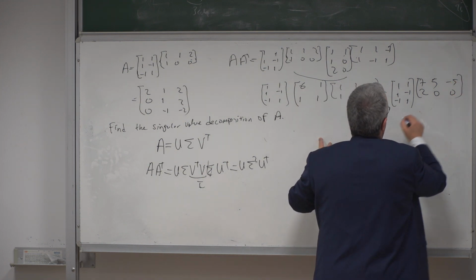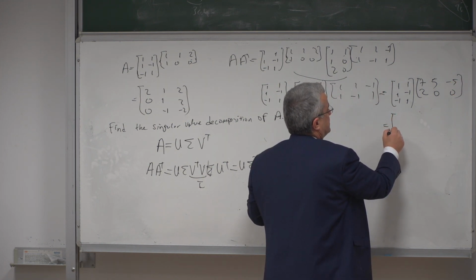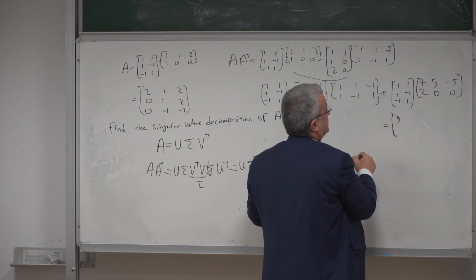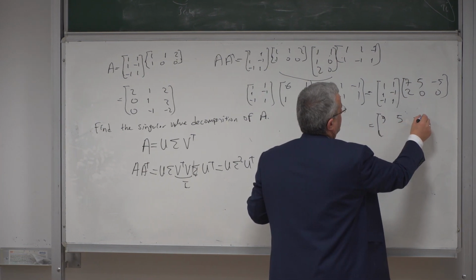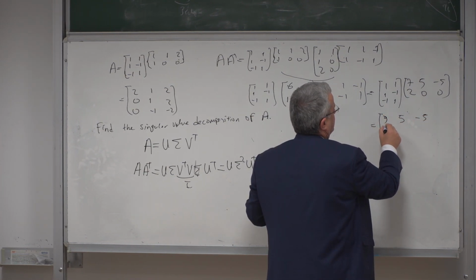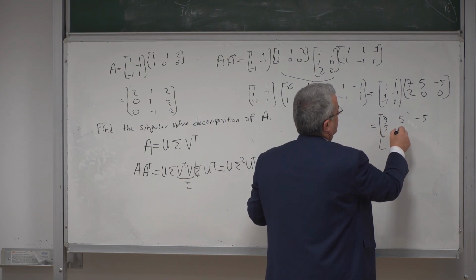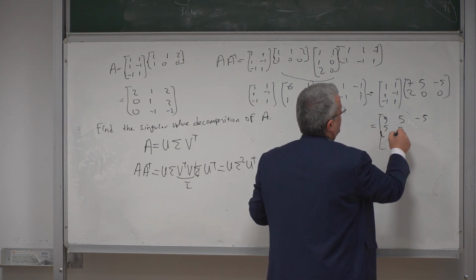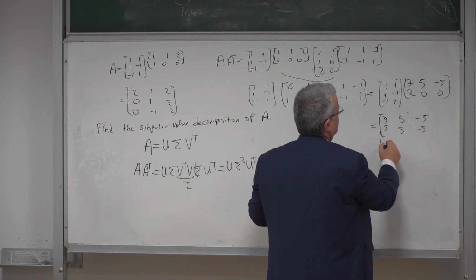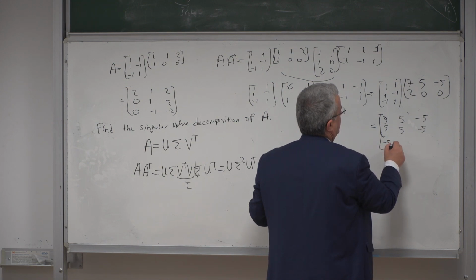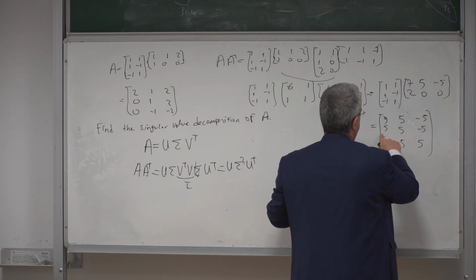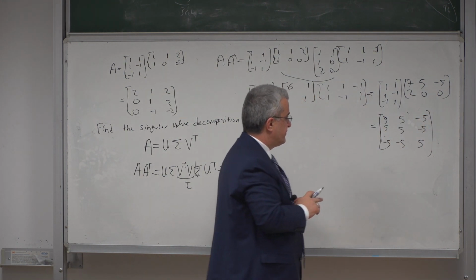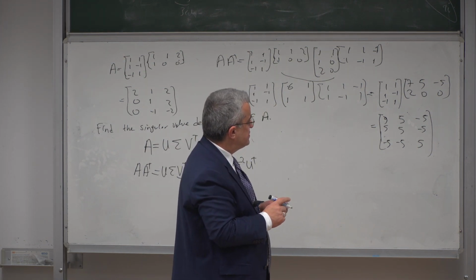And this is 0. And that gives us 9, 5, minus 5, 5, this is 5, minus 5, this is minus 5, this is minus 5, and this is 5. So is it the Hermitian matrix?